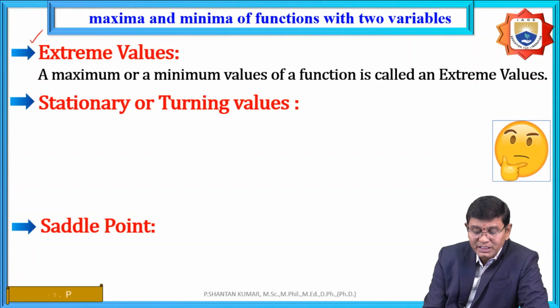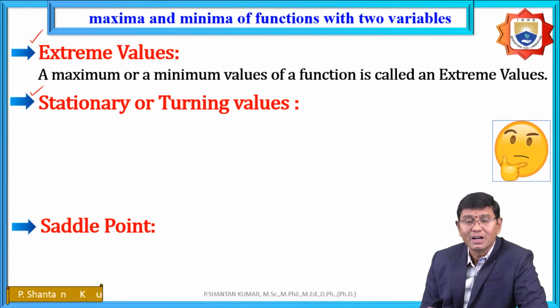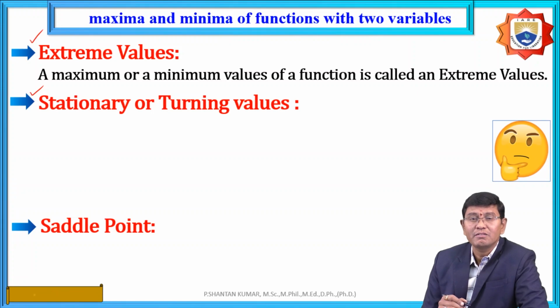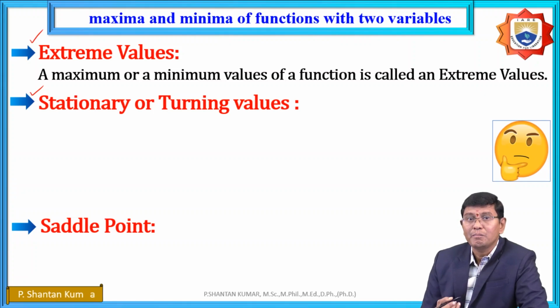The meaning of stationary or turning values is this: we find the first order derivatives with respect to x and y, that is dou f by dou x and dou f by dou y, and equate them to 0.